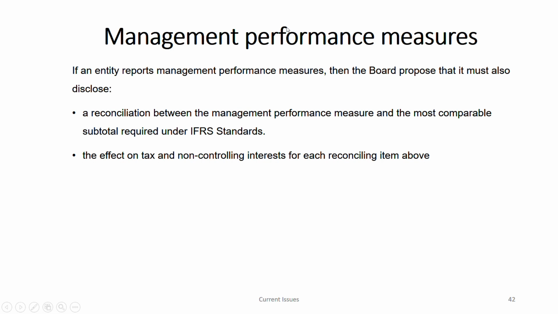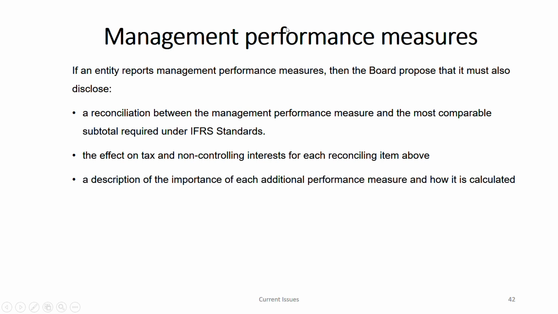Third, a description of the importance of each additional performance measure. You have to describe why it's important when you're choosing a specific management performance measure to disclose, and you need to describe how it is calculated.